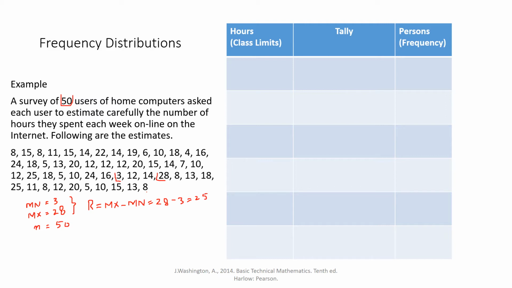Then we need another number, which we write with the letter H. We call it width. We call it size as well, depending upon the author.